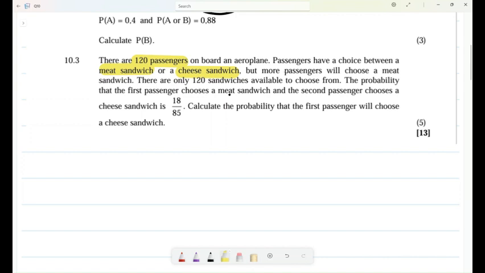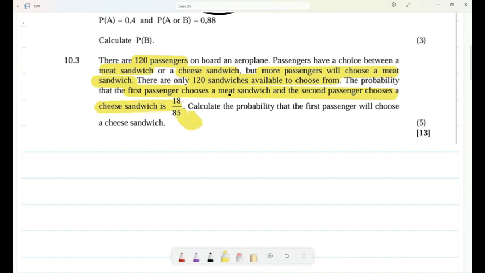All right, but more passengers will choose the meat sandwich. This is very important. More passengers will choose the meat sandwich, right? There are only 120 sandwiches available to choose from, because there are 120 people. Now, the probability that the first passenger chooses a meat sandwich and the second passenger chooses a cheese sandwich is this.